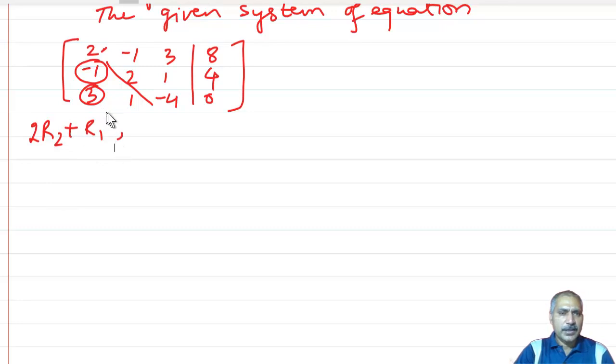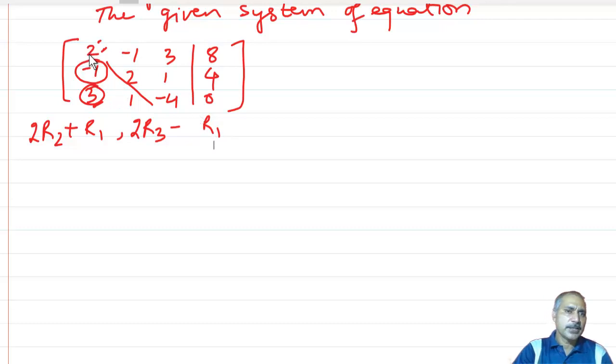Now for the next, here we are having 3, that is r3. If we want an LCM of these numbers, this is 3 and this is 2, then we can have a common number, that is 6. So we will multiply row 3 by 2 to make it 6, and multiply r1 by 3 to make it 6.